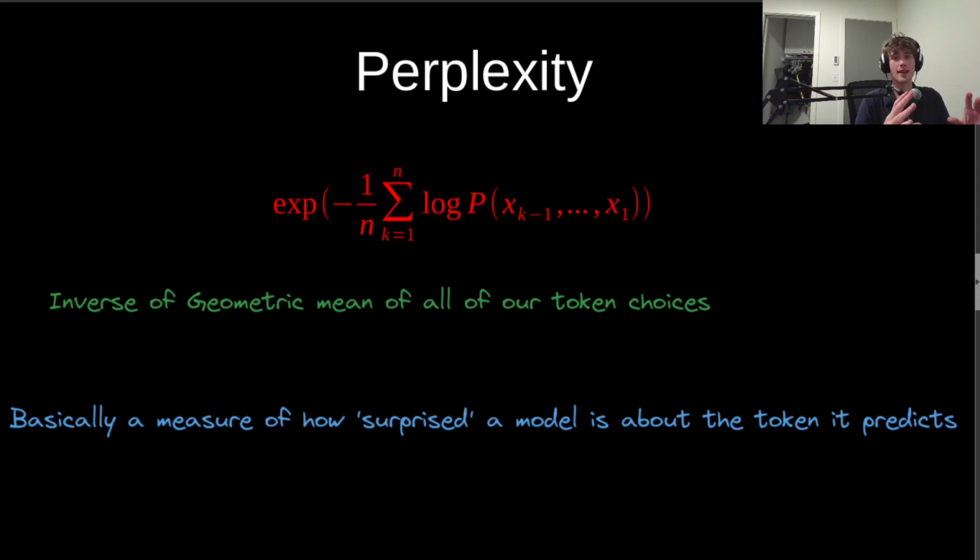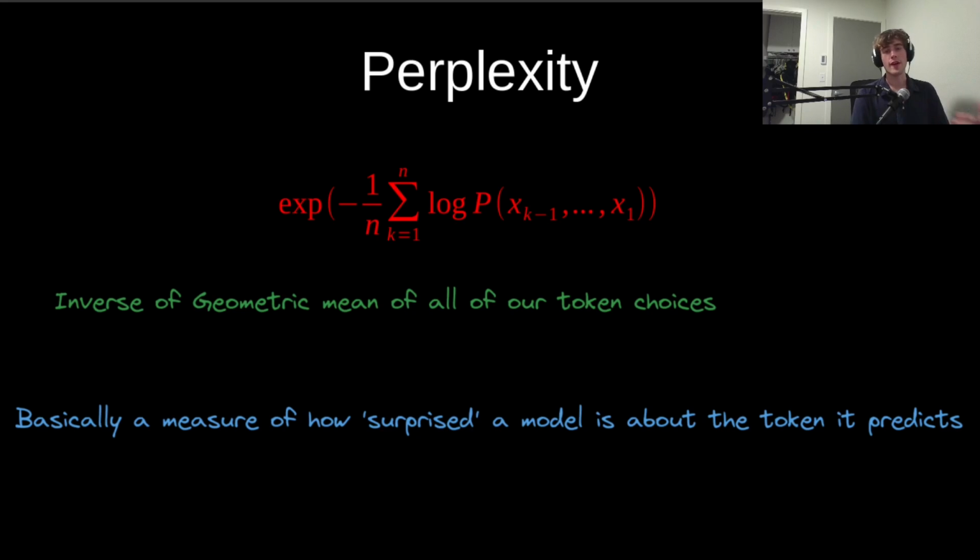For example, is our next token something that makes any sense at all, or is it some completely random character that surprises the model itself? And when we're actually evaluating our model, we want to minimize this and use this as a type of loss function so we can continuously make our model less surprised and make our outputs more consistent, more expected, more normal.